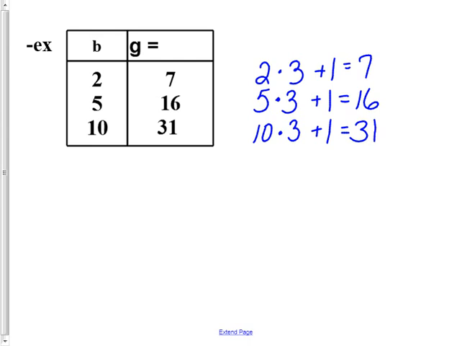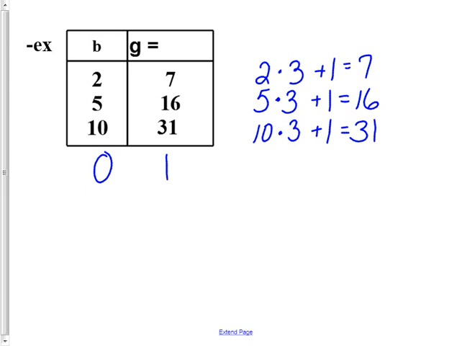Now, what would have been really helpful to us here is if we had been given that B is 0 and we had known then that G is 1. If we had known that, then we would have said, plus 1 definitely has to be part of our equation. And the reason it does is because can you multiply B times anything, or B times 0 rather, and get anything except 0? No. Multiplying or dividing 0 by anything is going to give you 0.